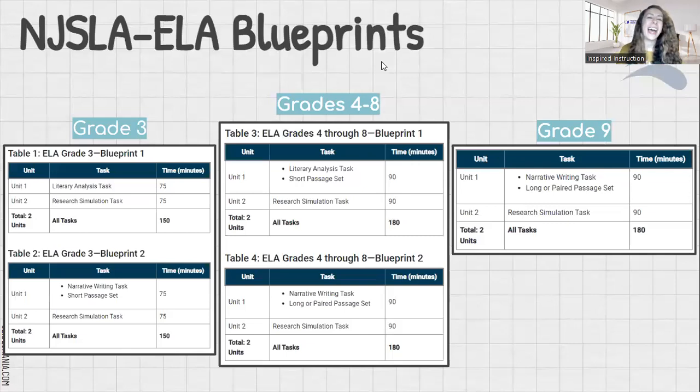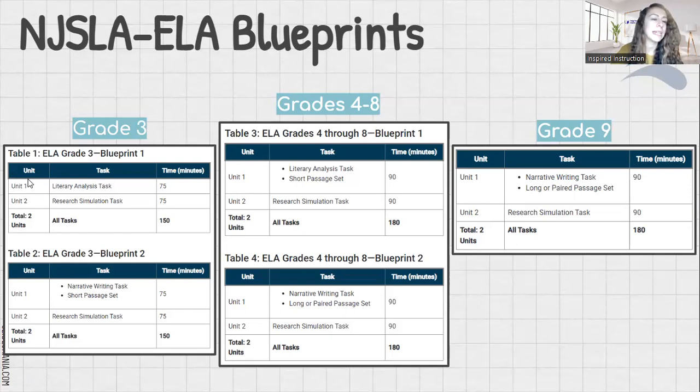All right. Our blueprints are as follows. So there are separate blueprints for different grade bands. So we'll go through quickly each one that you see on the screen here and talk a little bit about the differences and similarities that you might notice. Grade 3 has its own blueprint for NJSLA-ELA.